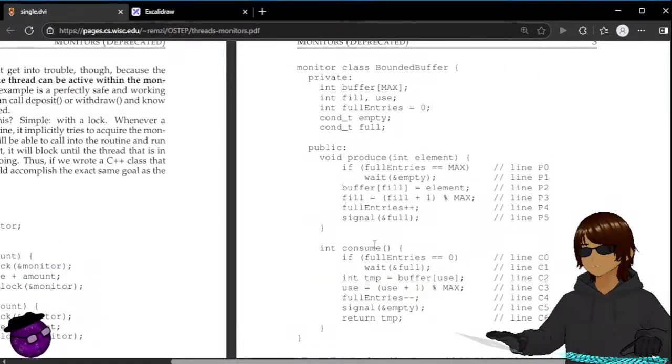So the thread which is consuming sees that the full entries is 0. There are 0 full entries, and then it will wait. The producer, however, will skip this and it will fill the buffer.